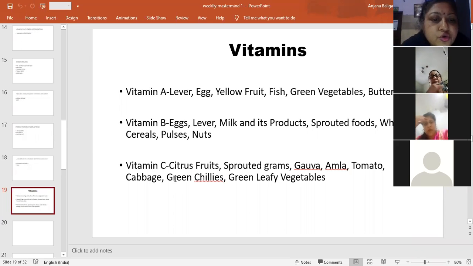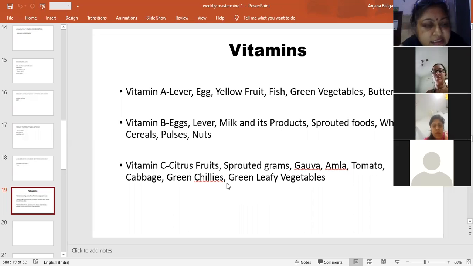Now try to form a story with vitamin C. Take Chetana, Chaitanya, anybody, and visualize she's having a dress, she's wearing chillies, whatever you want to form a story. I give you 1 minute. Please form a story with vitamin C and let me know.